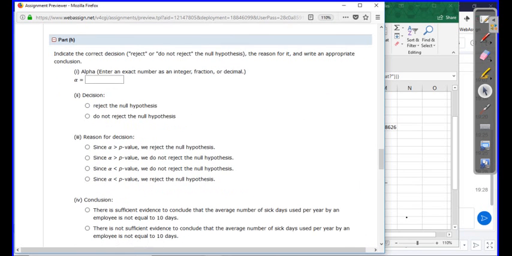All right, let's integrate our correct decision to reject or not reject. What's our alpha level? Well, if it's a 95% confidence level, that means our alpha level is 1 minus that, so 0.05. And let's look at our result.